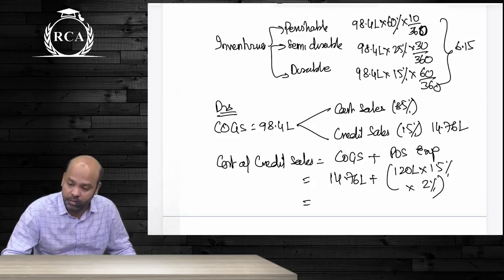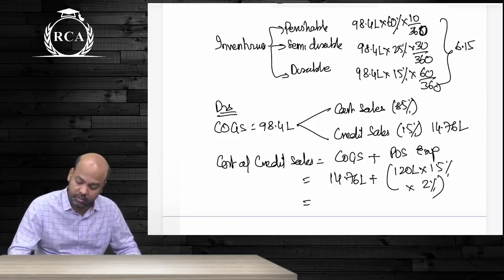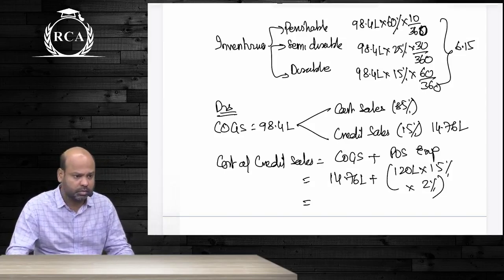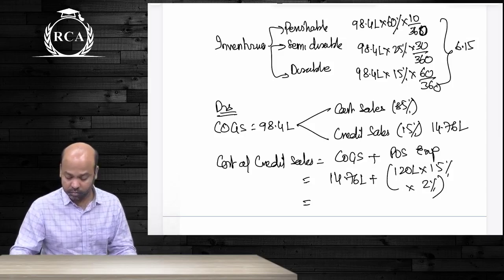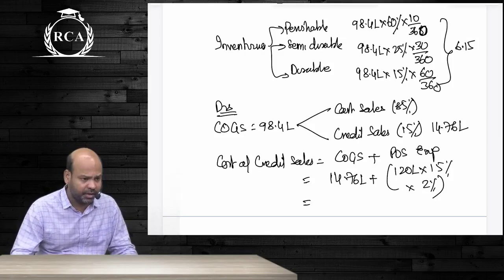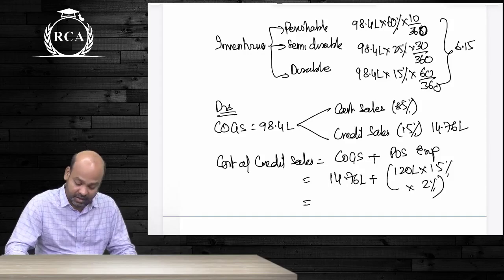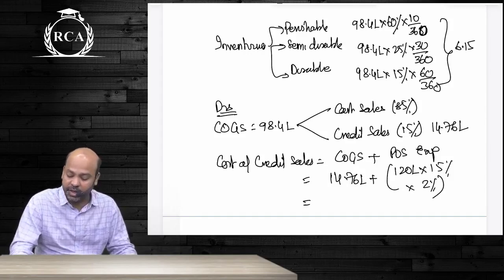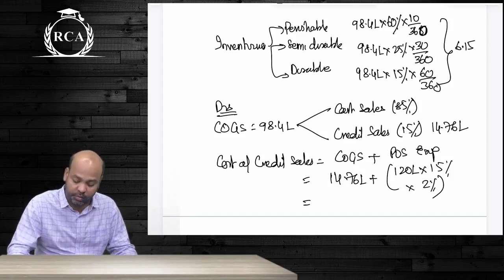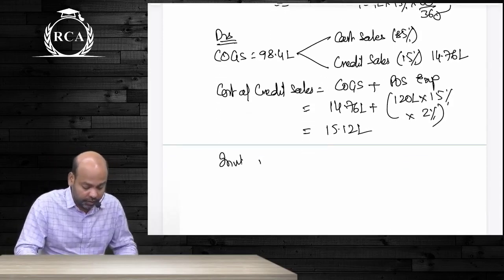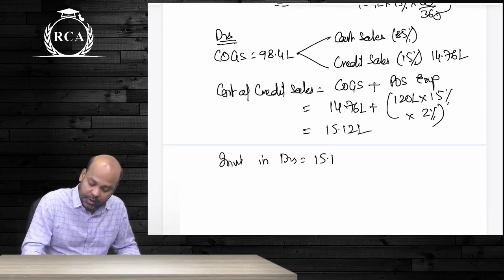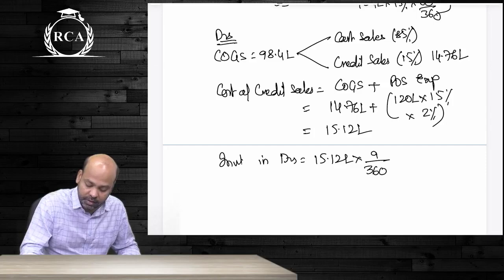Add both and tell me. Both are giving different answers. One says 15.17. Check once again, both answers are wrong. 15% of 120 lakhs is 18 lakhs. 2% of 18 lakhs is 0.36. 0.36 plus 14.76 is 15.12 lakhs. Now your investment in debtors will be equal to 15.12 lakhs into 9 divided by 360.